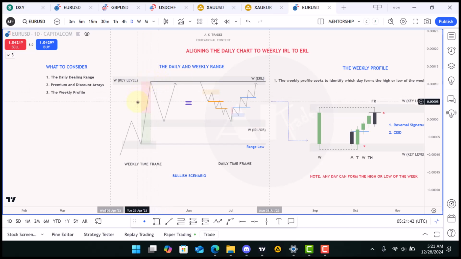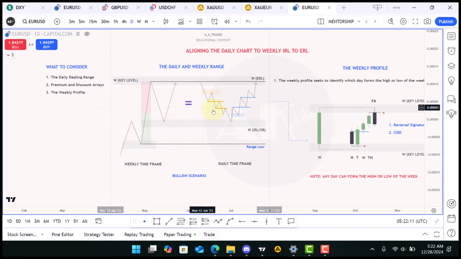So when you pull our FIB to draw our premium and discount, then we wait for the weekly to come back to an internal range liquidity or order block in a discount zone. Remember, we are dealing with a bullish scenario in this case.